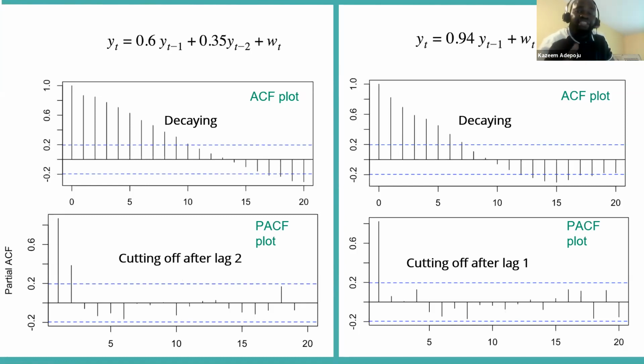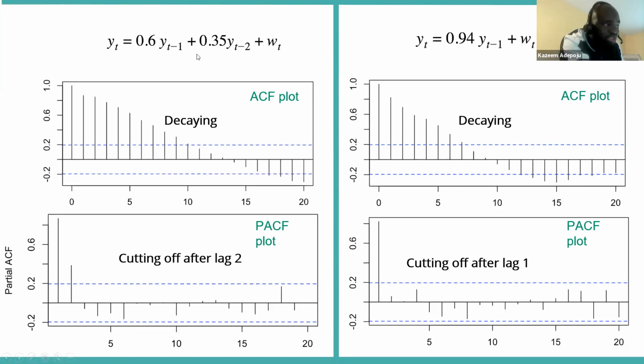Then the PACF is what I'm going to use, because if it cuts off after lag 2, it means it can only tolerate up to lag 2. It can tolerate up to lag 2 because it is an AR2. It is an AR2 because I only want to talk about two steps apart.